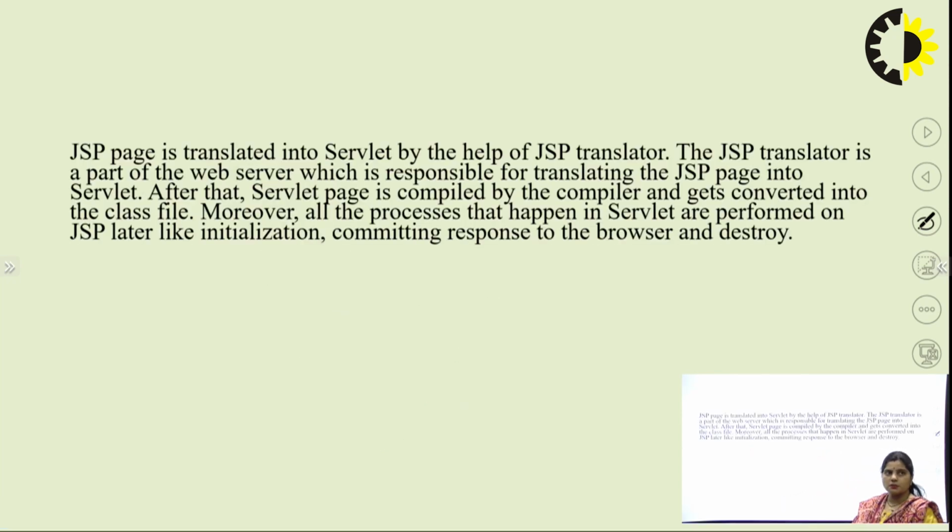First of all, the JSP page is translated into the servlet with the help of the JSP translator, which is a part of the web server and is responsible for translating the JSP page into the servlet. After that, the servlet page is compiled by the compiler and converted into the class file. All the processes which happen in the servlet, like initialization, committing responses to the browser, and destroy, are performed by the JSP later on.